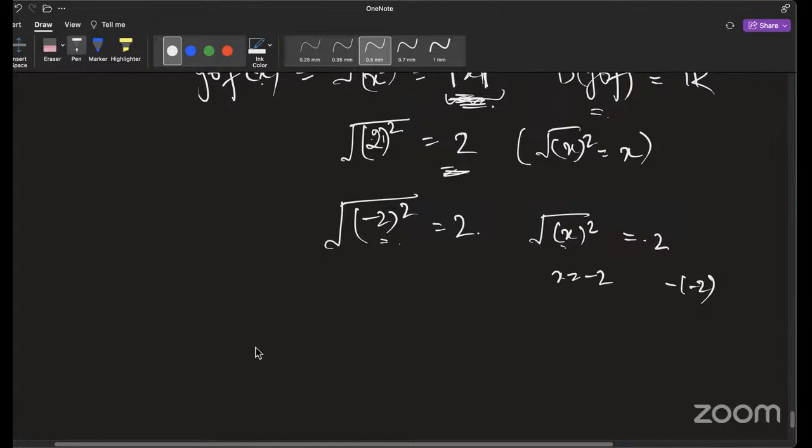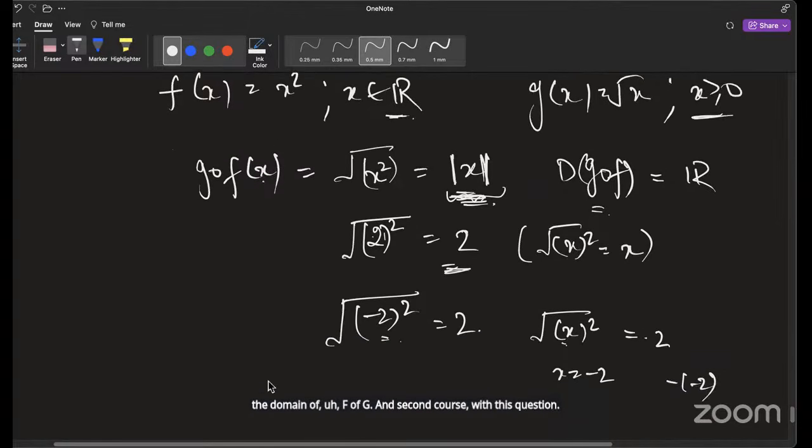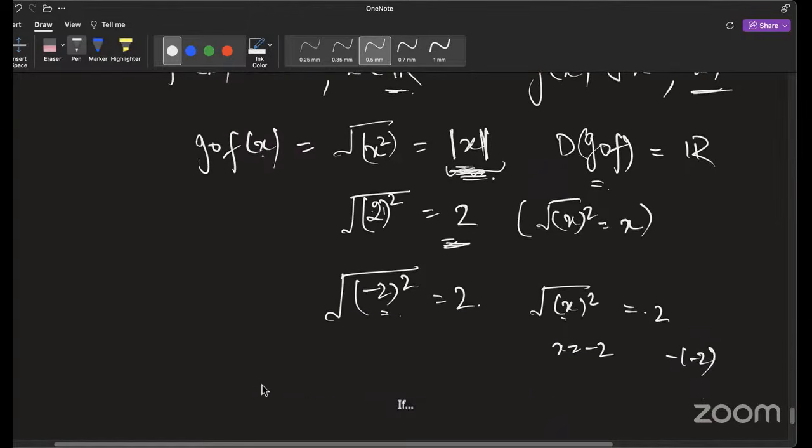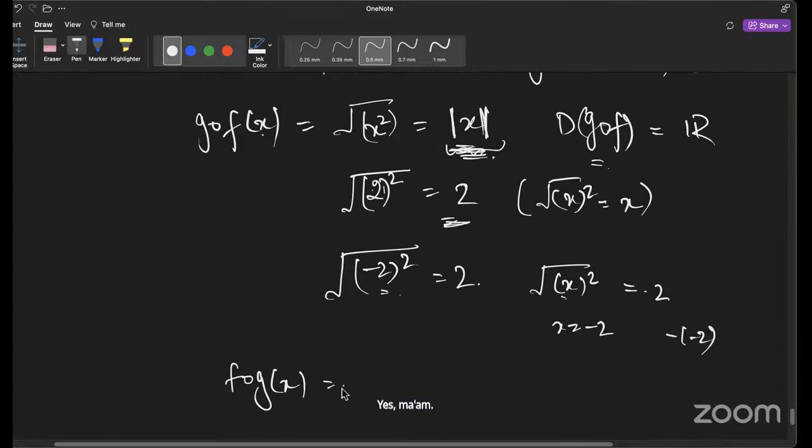Ma'am, the domain of f of g. Second question, this question. f of g, it should be greater than 0, 0 to infinity. Domain of this is this.